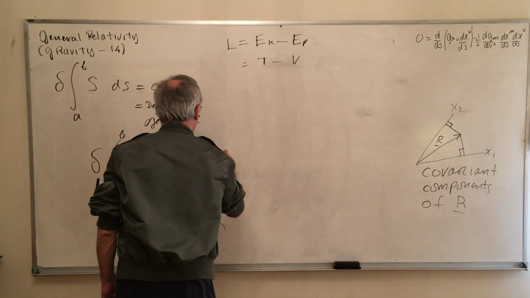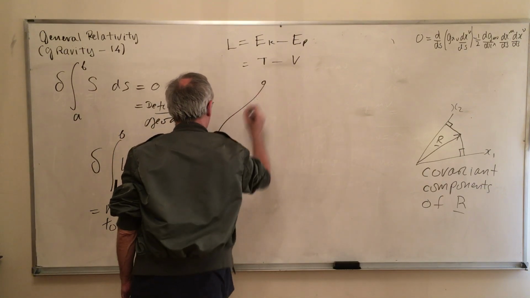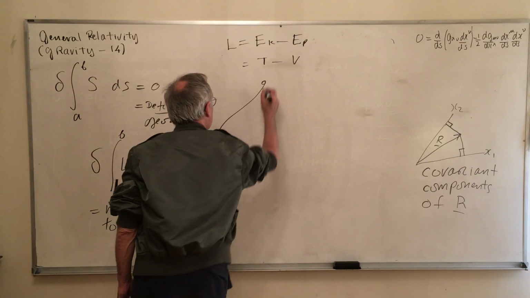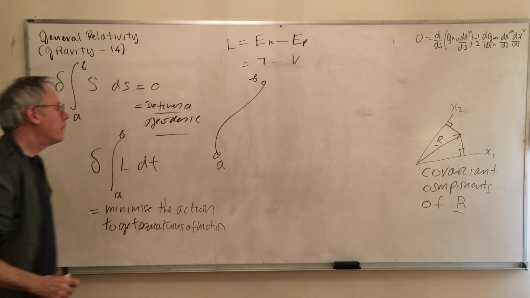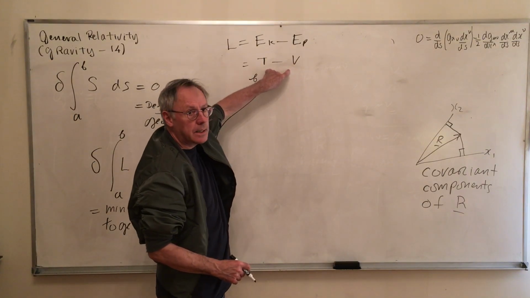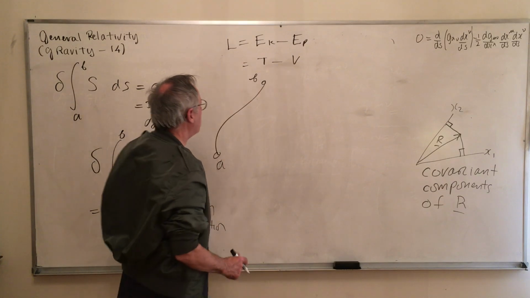Now that means that we take a point in space, right? The system evolves such that the action is a minimum.